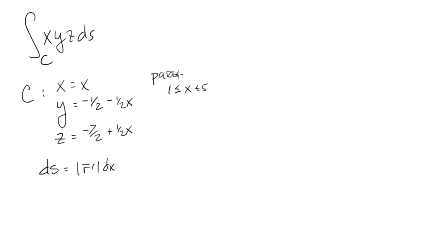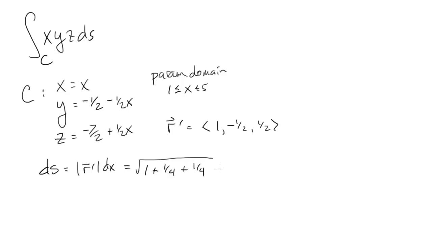So instead of summing over the points on the curve, I'm going to sum over the parameter values on the curve. Take my derivative. Negative 1/2 squared, 1/2 squared. And now I sum over the parameter values.